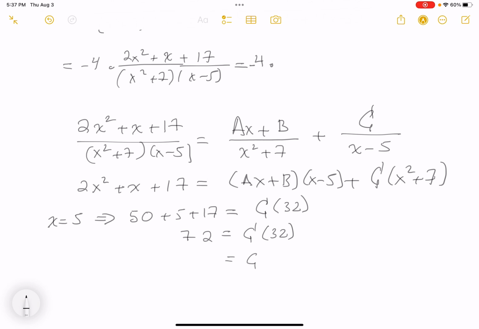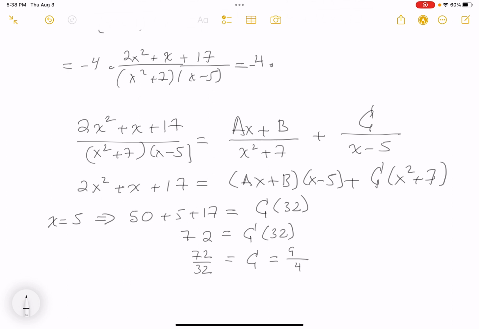C is going to be 72 over 32. I'm going to reduce that by a factor of 8. Yeah, 8 goes into 32 4 times, and it goes into 72 9 times.